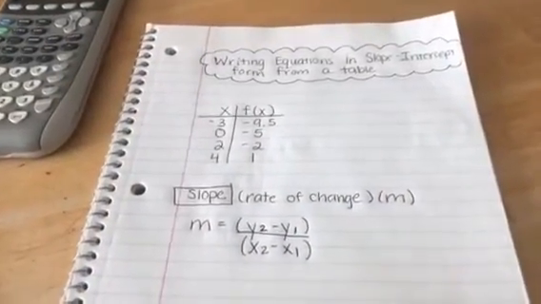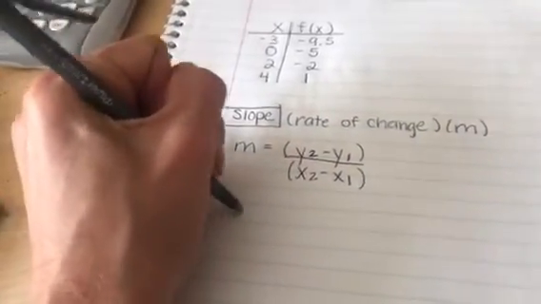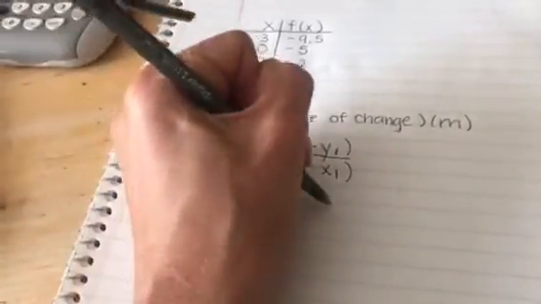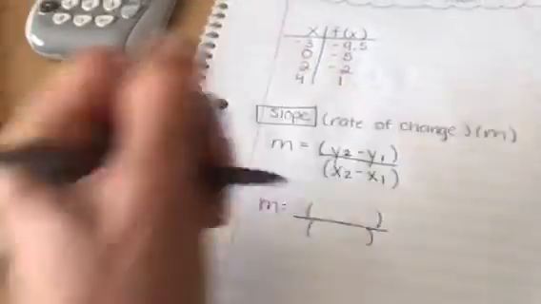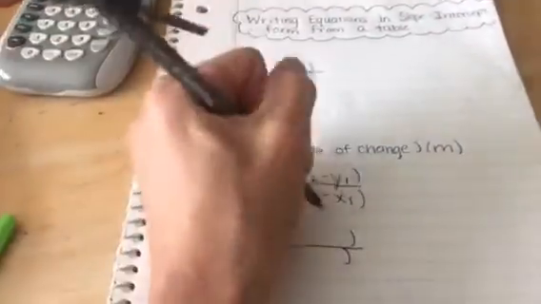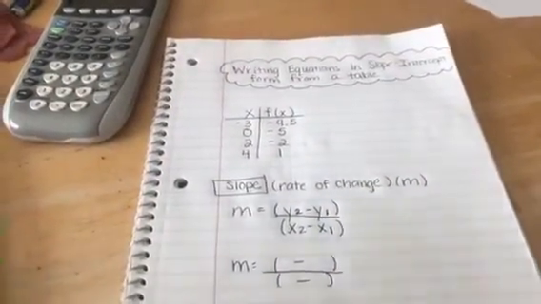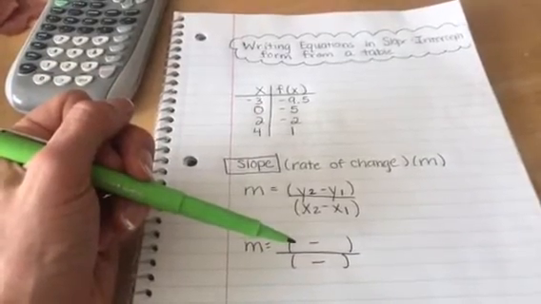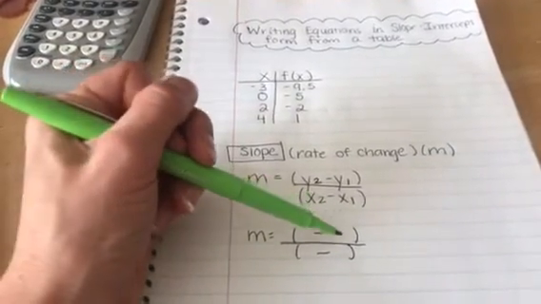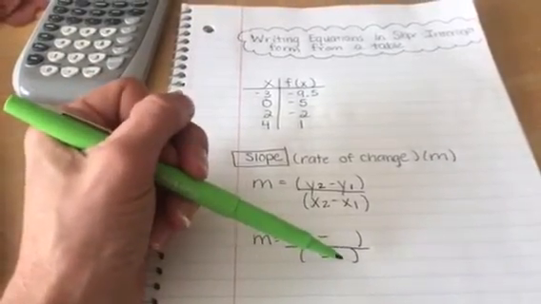So let's go ahead and get it set up. We have m equals parentheses division parentheses, and we can put our minus. Our equation is saying that we need a number for y2 and a number for y1, a number for x2, and a number for x1.